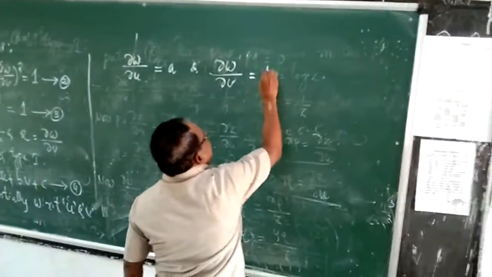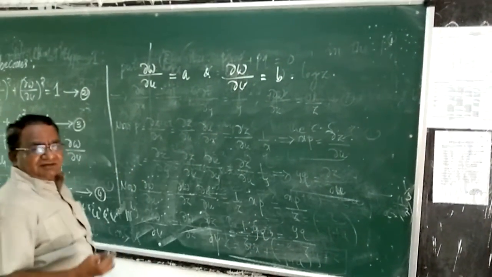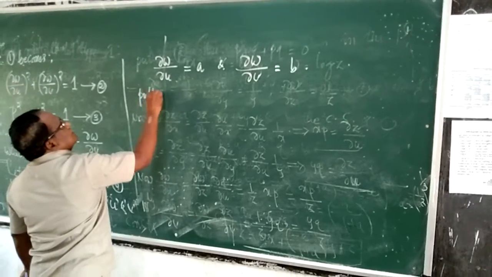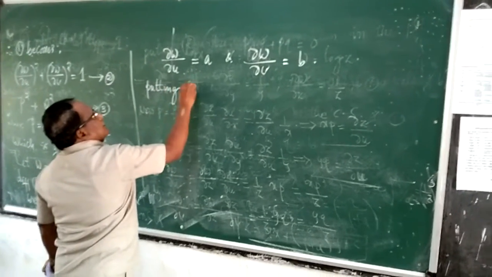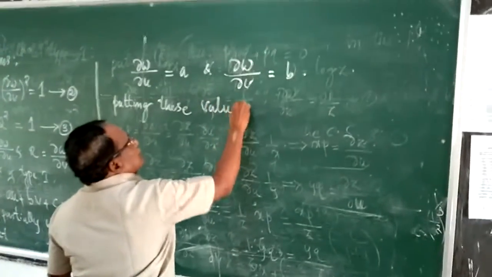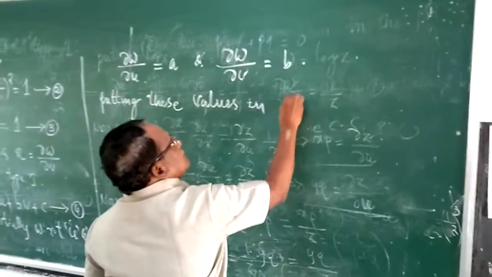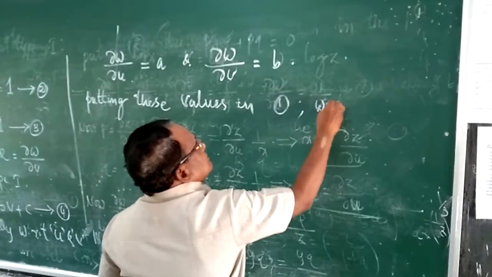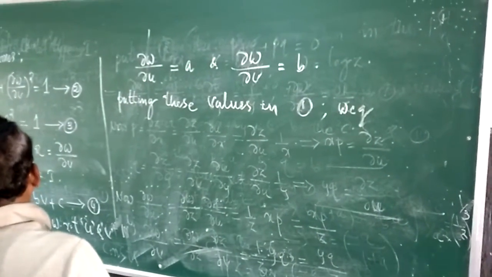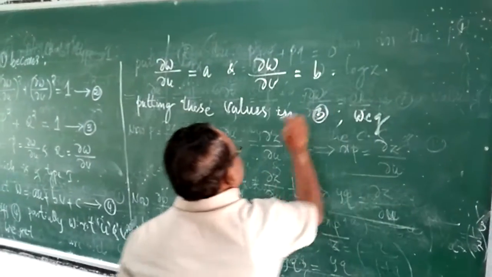Okay, same steps. Substituting these values in equation number 1. In equation number, not 1, it is 3: P squared plus Q squared.